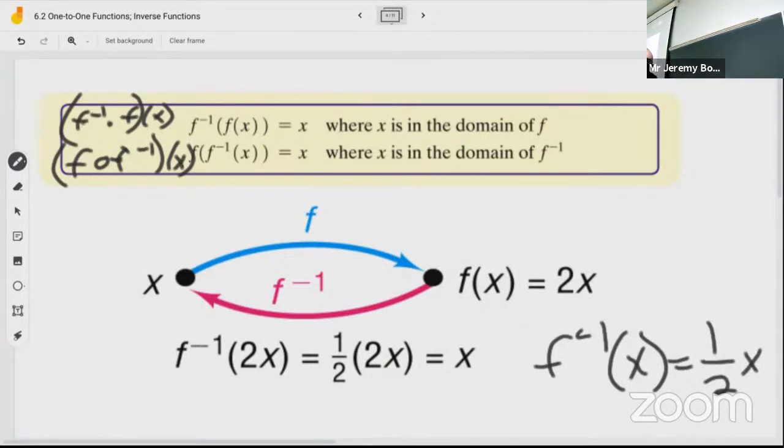We're going to learn a better way to do this in a little bit, but this is one method you can use for simple functions. What would you have to compose that function with to get x? And you can figure out the inverse after. Any questions on that?